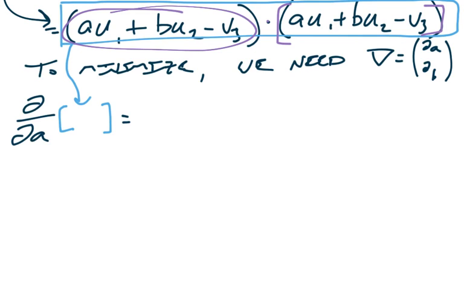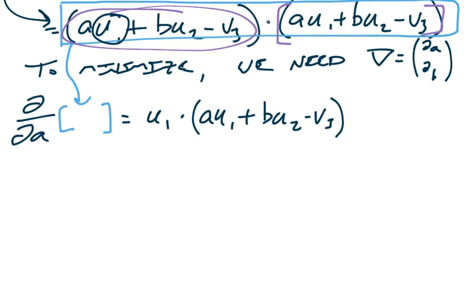All right, so this first one, the derivative with respect to A of this thing is just going to return U1. And that's going to be dotted with the second thing left alone, which is AU1 plus BU2 minus V3.